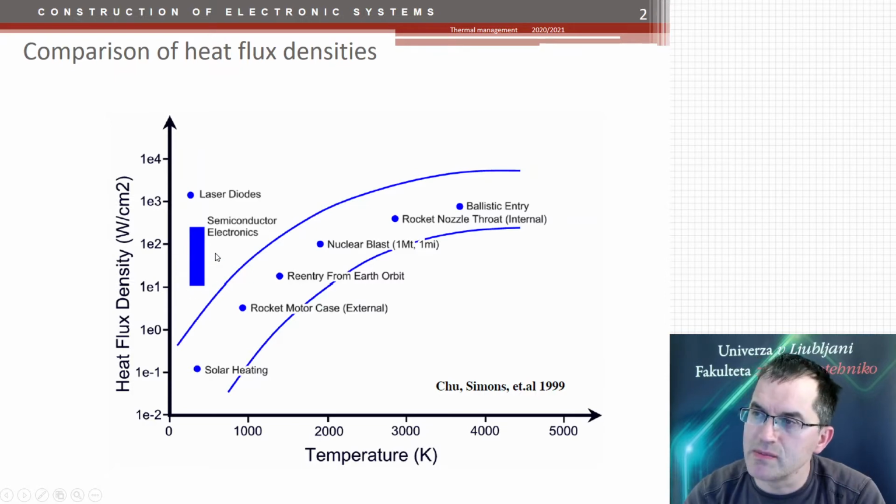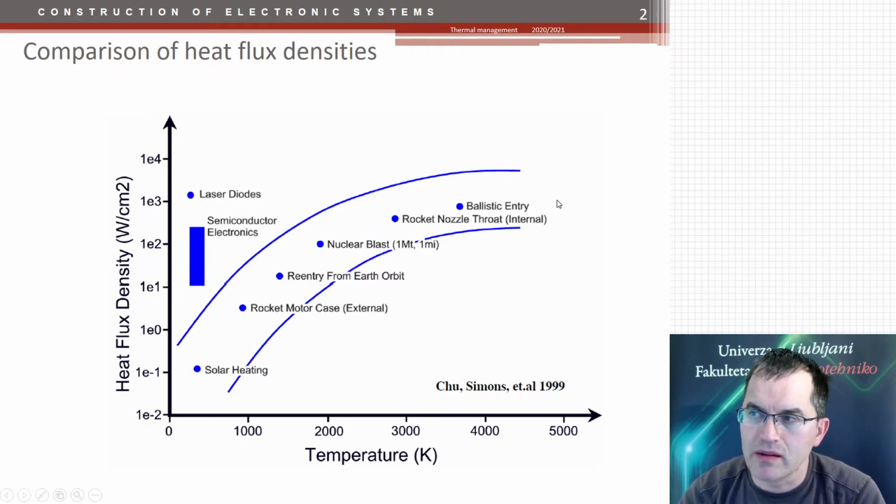The electronics is miniaturized really, really a lot, and in these small areas you have a lot of power dissipated. For example, a microcontroller can have 100 watts power dissipated at a single square centimeter of the die area, where the laser diodes are the winners, where a few square microns can have a lot of power dissipated. So this is an area of electronics which can be compared to the most powerful man-made things you can imagine.